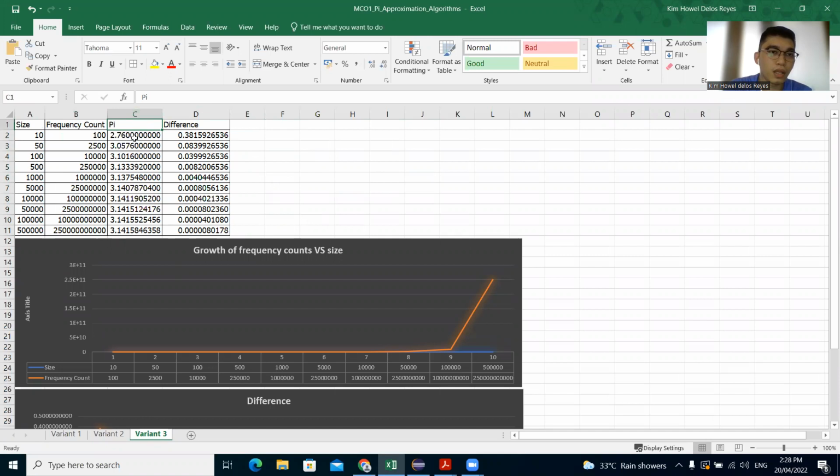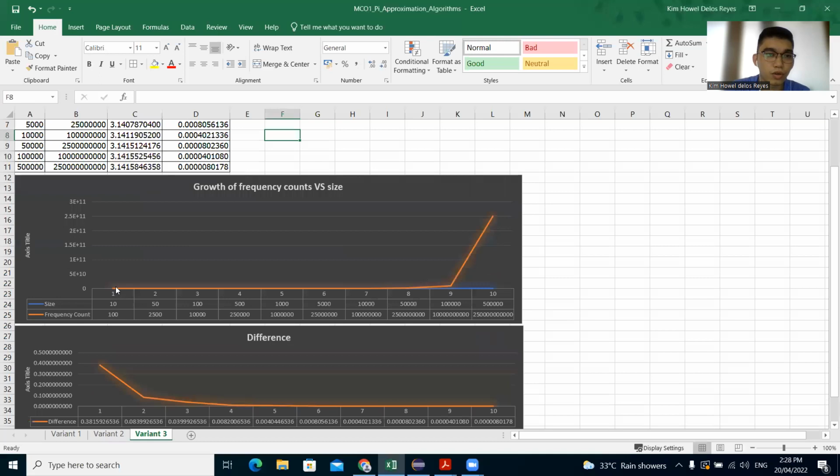The value of pi tends to be closer and closer to its actual value. As you can see on the difference, as we increase the size, the difference tends to be lesser and lesser, approaching 0.